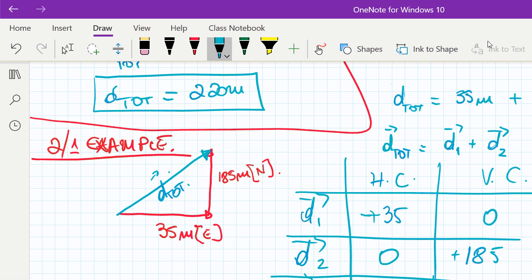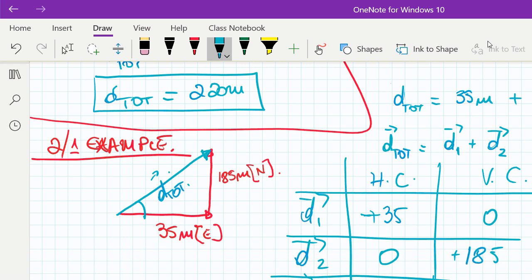So the total displacement in magnitude will be the square root of 35 squared plus 185 squared. Are you following, guys? Yes, great. In your calculator, 35 squared plus 185 squared, the whole thing square root, is 188.3, but it doesn't really matter. We can leave it.